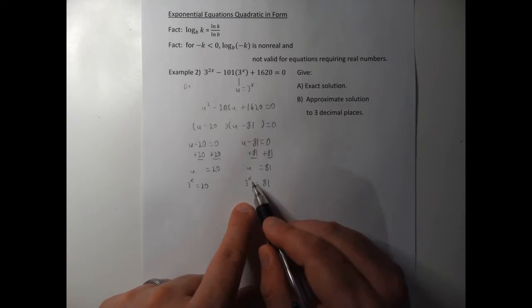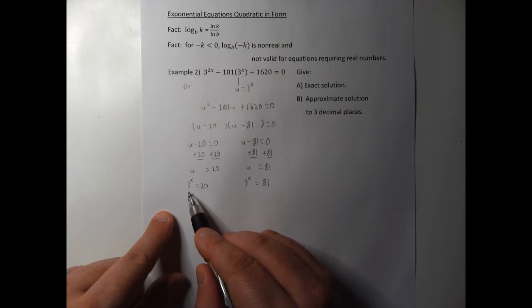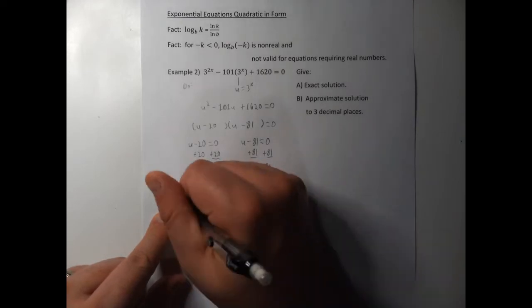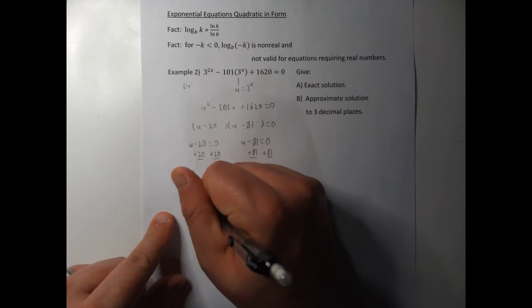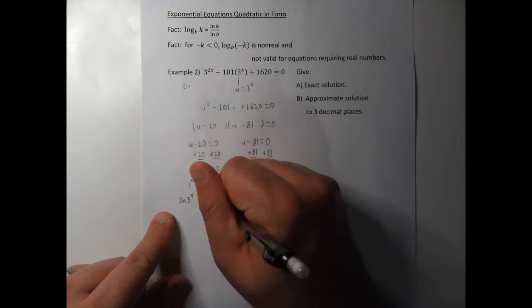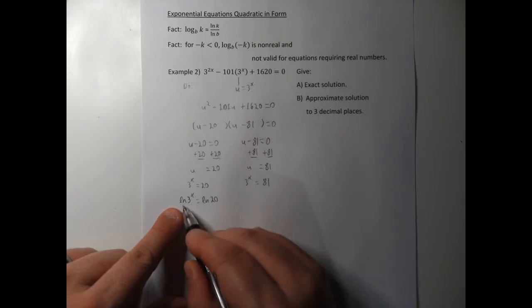Okay, this 20 is not writable as a power of 3, so I'm going to have to use a logarithm for this one. Natural log, log base e. Since that's not e, it's 3, and natural log is log base e.